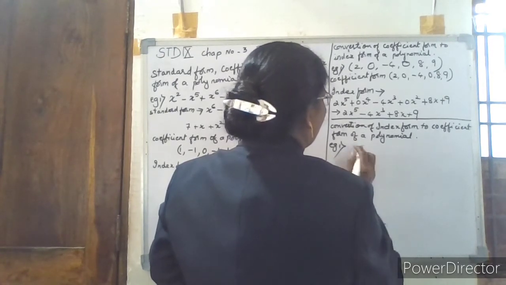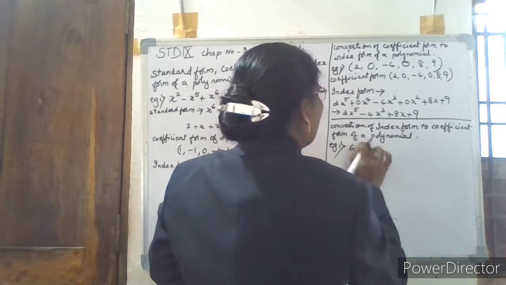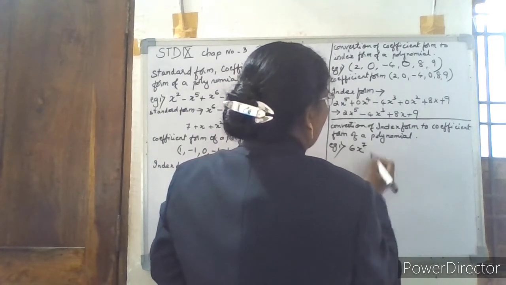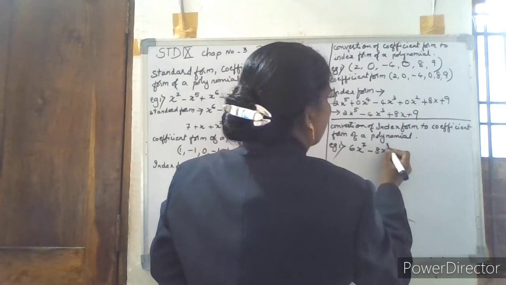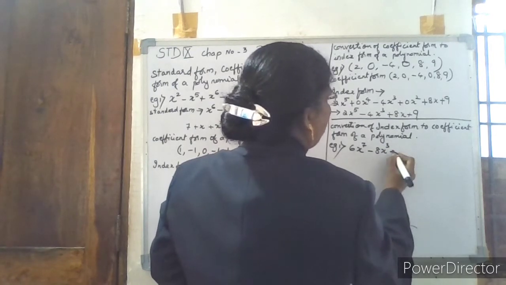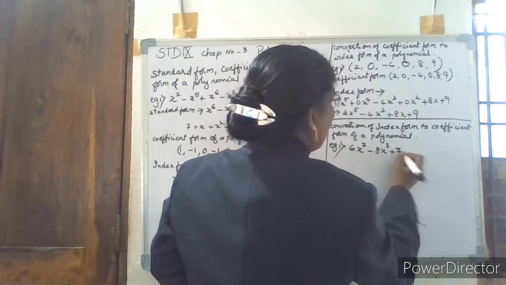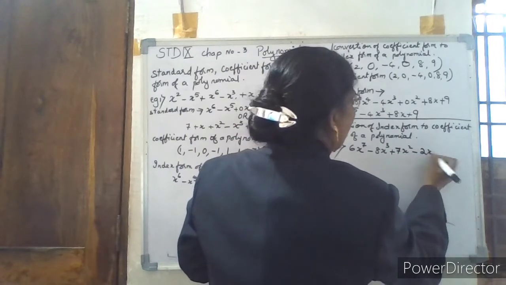Suppose I take 6x raised to 7 minus 8x cube plus 7x squared minus 2x minus 5.